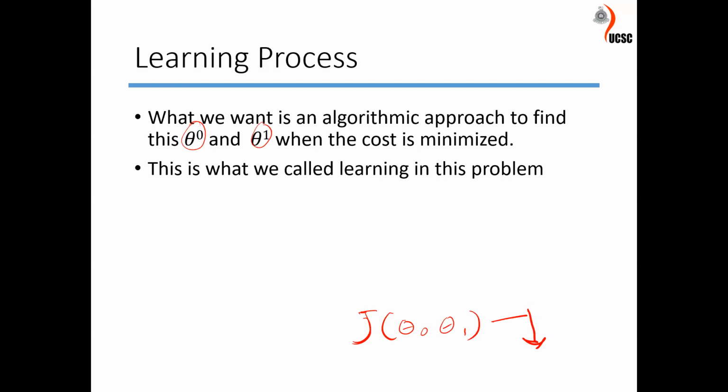That means our hypothesis is most fitted to all data points. So finding theta naught and theta 1 is the learning process. We should come up with theta 1 and theta naught for a minimum cost value, for the minimum error.